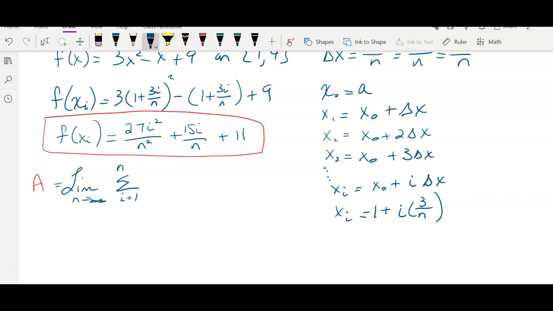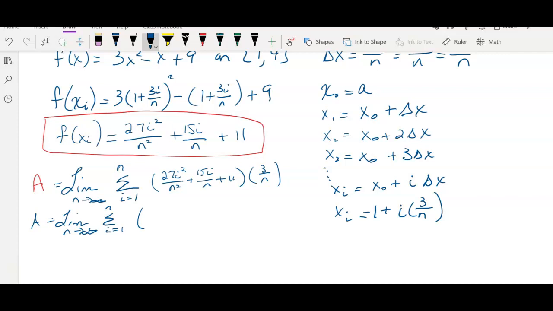So I'm going to replace my function with 27i squared over n squared plus 15i over n plus 11. And what am I multiplying that by? Oh, so what's the first thing I'm going to do? I'm going to distribute that through, correct? Well, doesn't that make sense? So I'm going to go ahead and distribute.